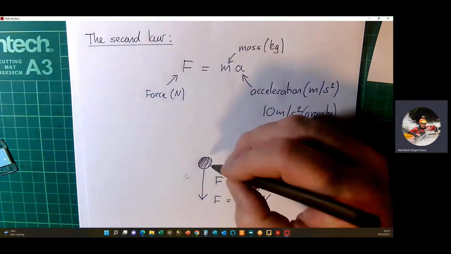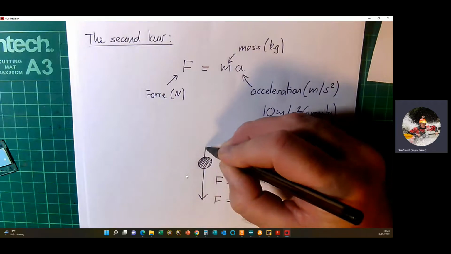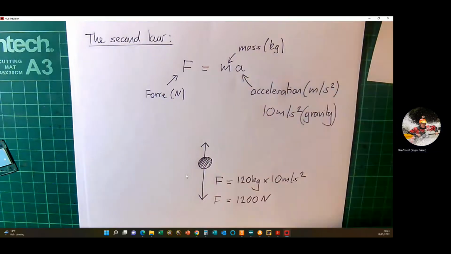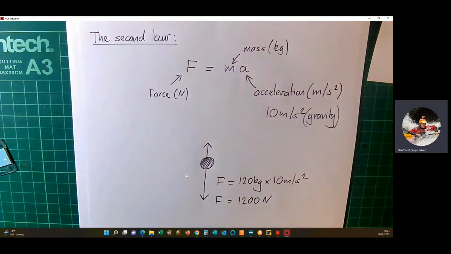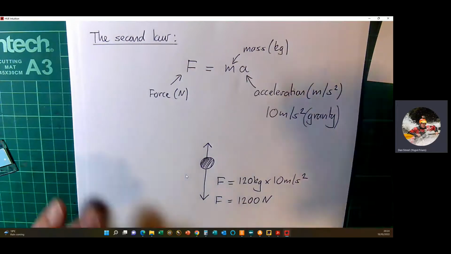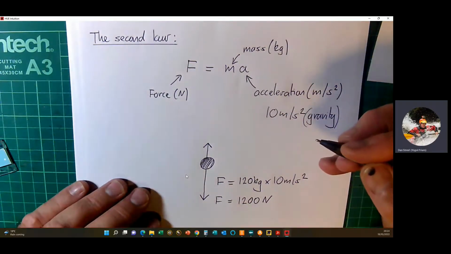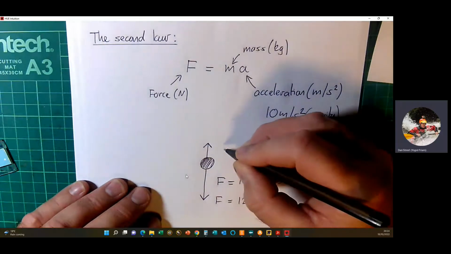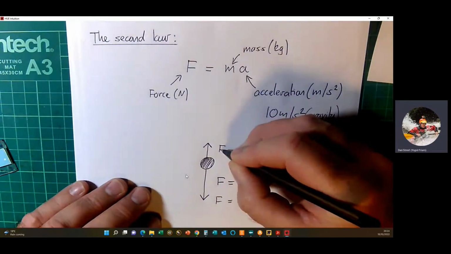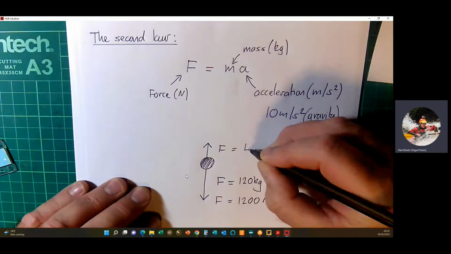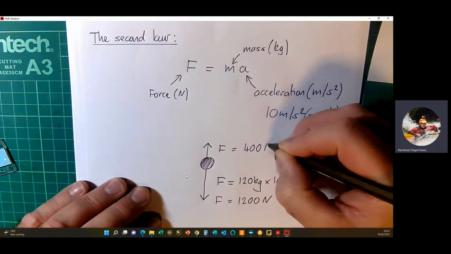Okay, now if I was in that initial phase of flight, at some point during that flight, I might experience air resistance in the region of 400 newtons. So here the force would be 400 newtons.